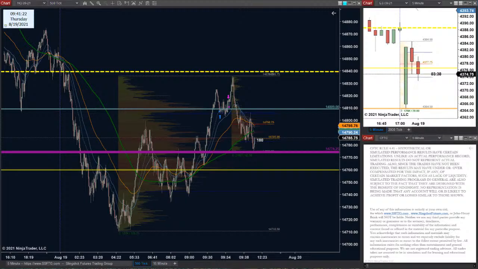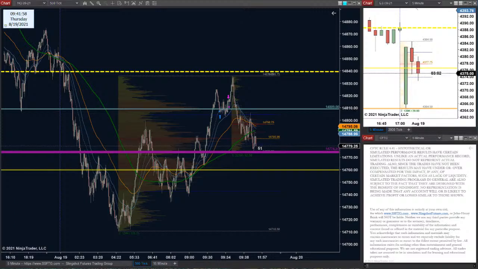Chopping under it for just a second, now dipping back to the 74 quarter with a little bit of a pop. Still just hovering.